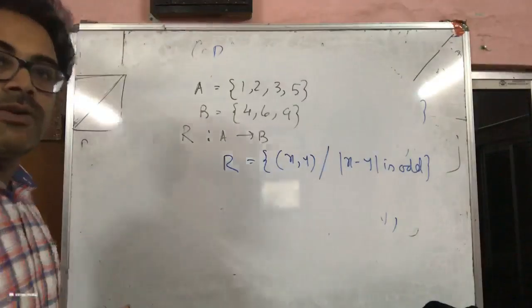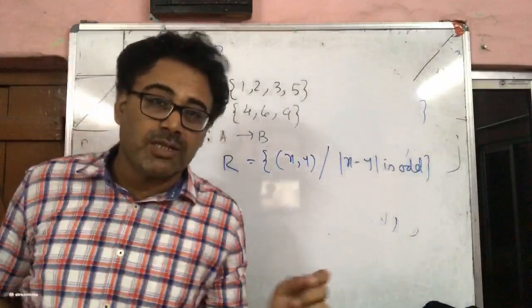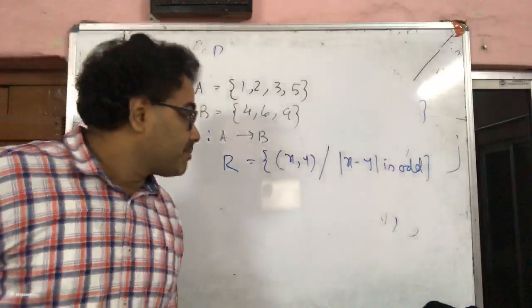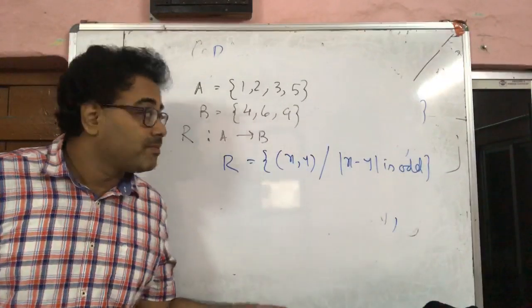Difference of x and y is odd. The mod sign is given, so the difference is always positive. That's why the mod sign is given. So you have to write the roster form.